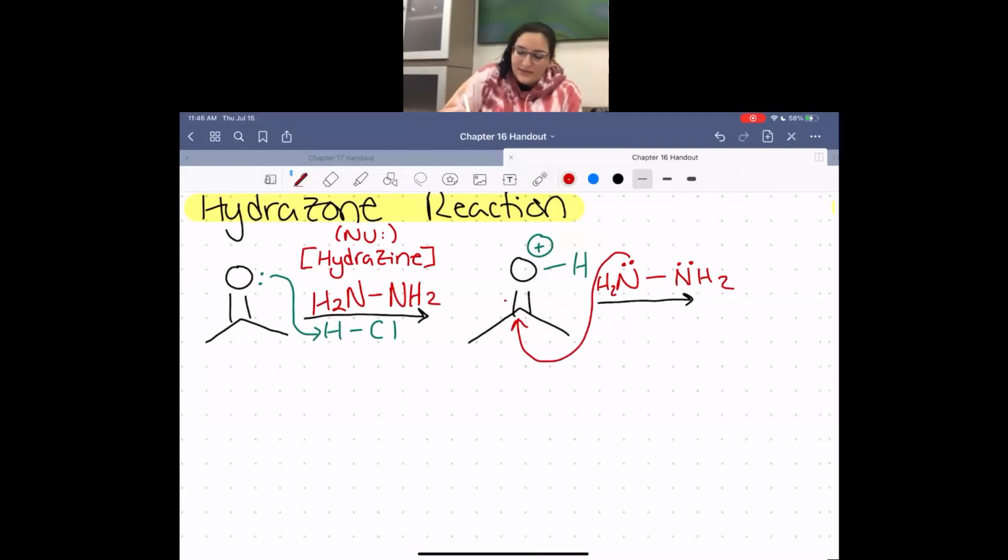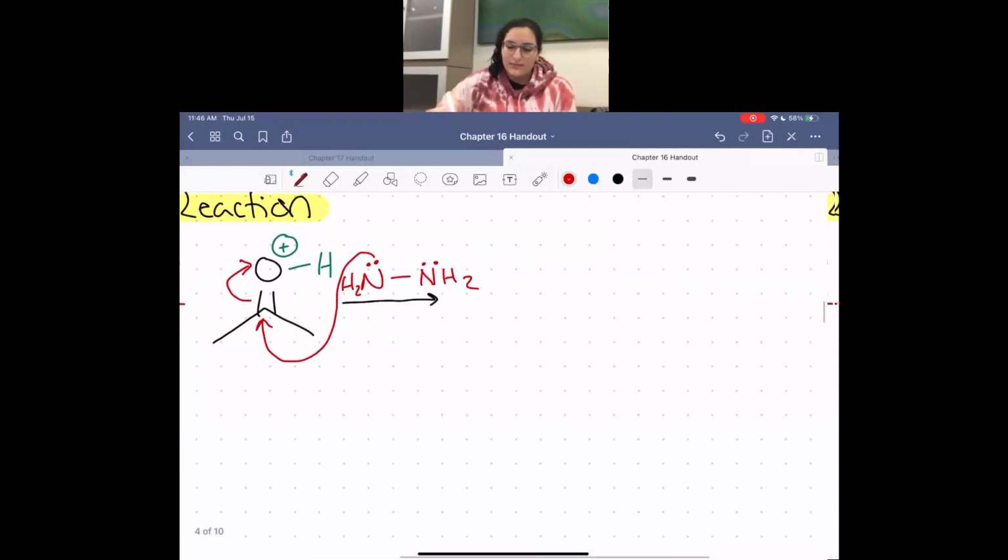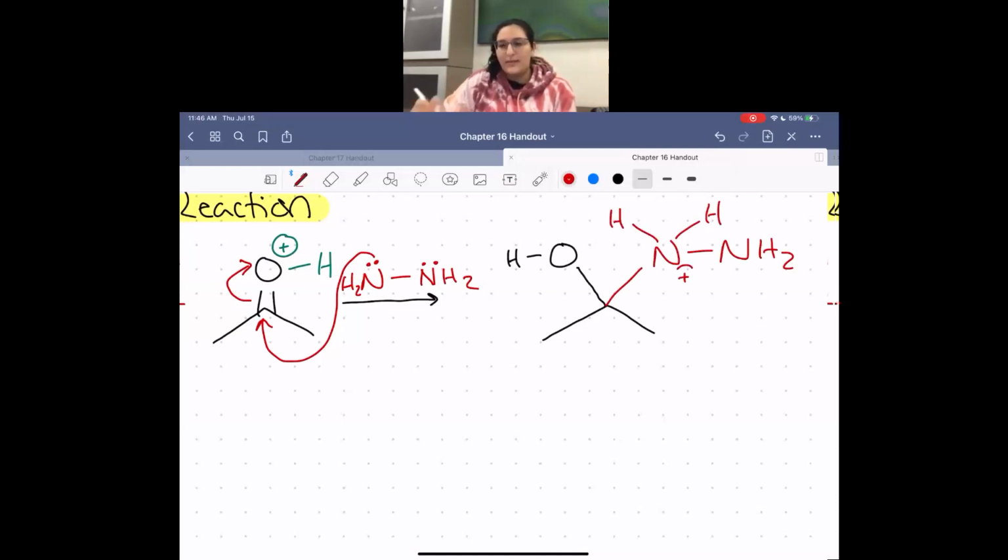These electrons are going to go up, and we end up with OH, N, NH2, H, H. So we know we're unhappy, and we know at this point from all the other mechanisms we've done that oxygen is going to steal a hydrogen.